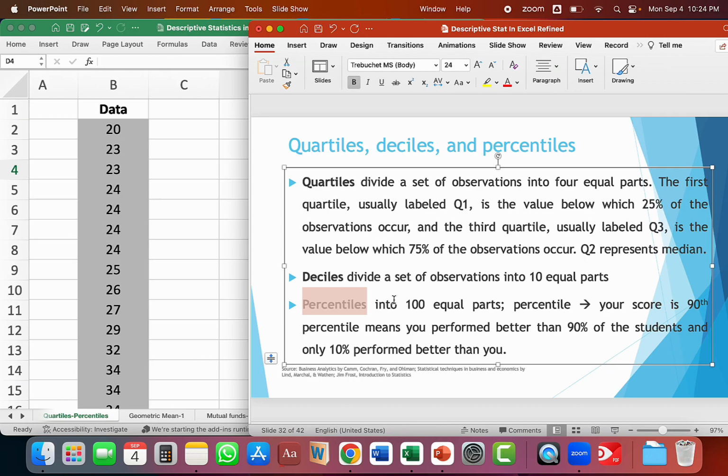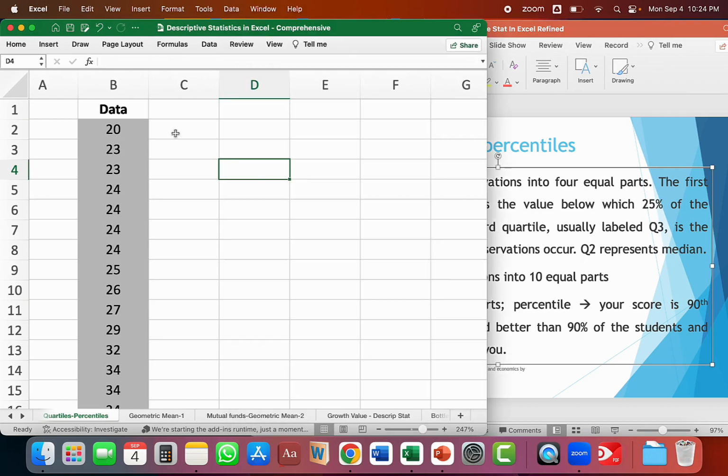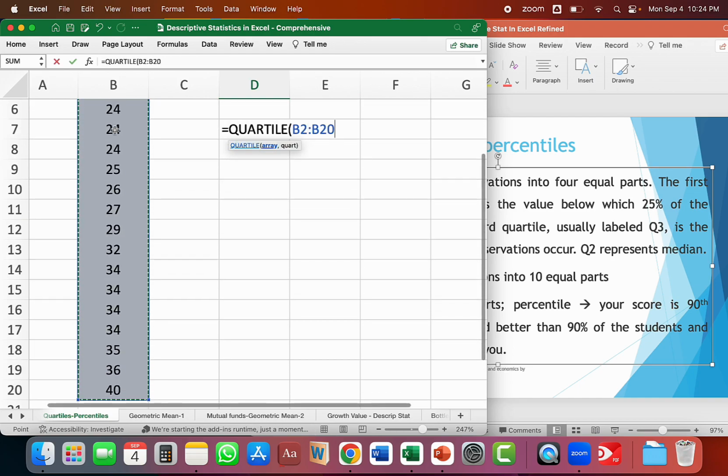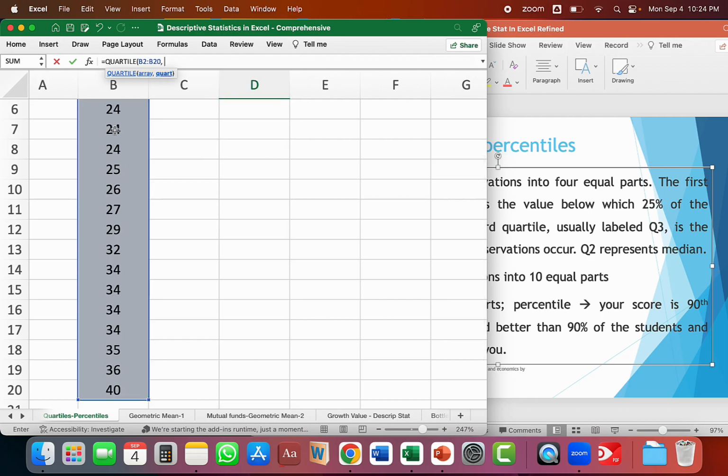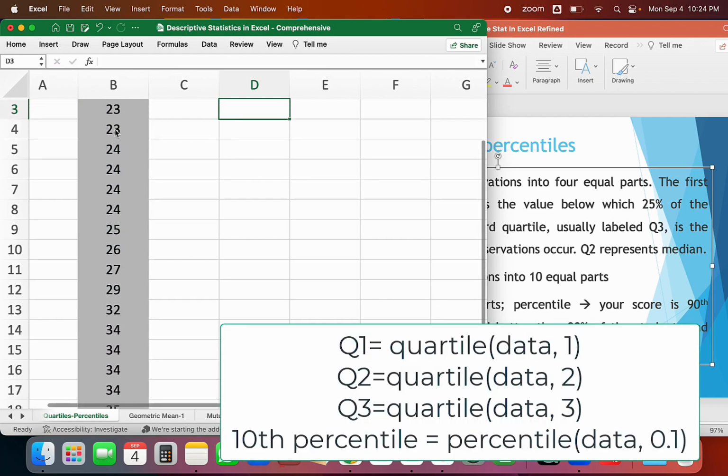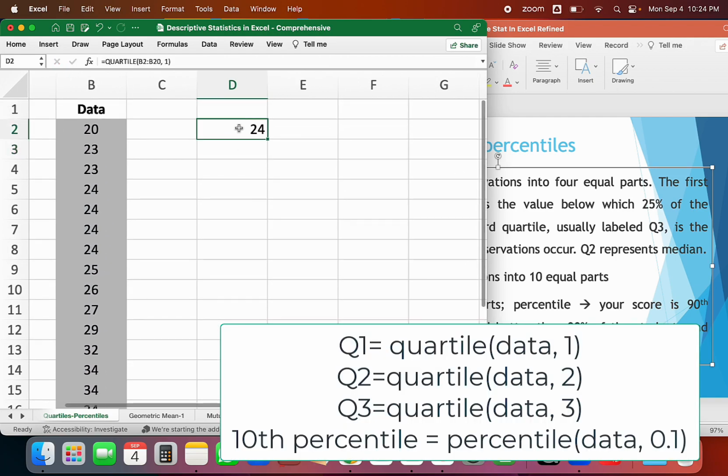into 100 equal parts. So for instance, let's say we have this data. I will use the syntax quartile, and I will select whole data, and then you need to write 1, which means that it's the first quartile, and then it says first quartile is 24.